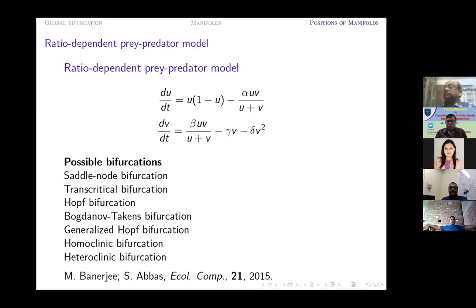If you choose gamma equal to 0.2, delta equal to 0.1, then you can choose beta equal to 0.4, something like that. Still you have so many other conditions. What are those conditions? Stability of the equilibrium point, bifurcation, that means Hopf bifurcation, etc. Once you look at all those conditions and proceed step by step, you will get some idea of what will be the choice of the parameters.